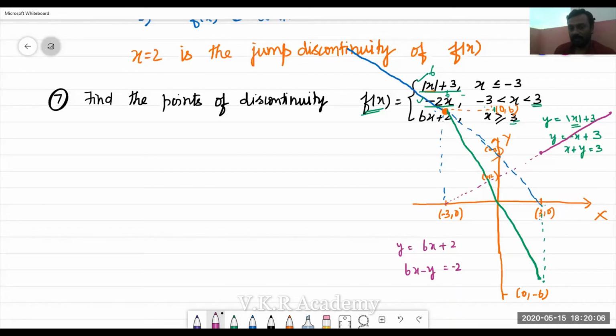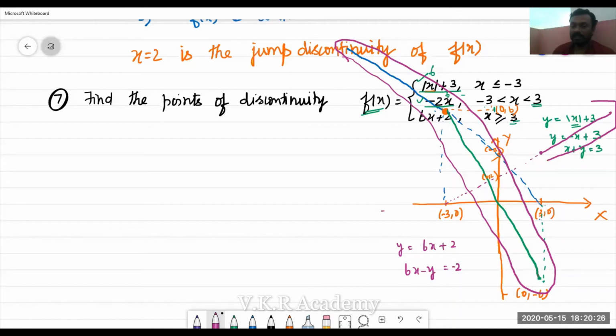So till this point, it is continuous. There is no break. That is for all the points in minus infinity to 3, it is continuous. Similarly, for the values of x greater than 3, there also we get a straight line, it is continuous. So, x is equal to 3 will be the point of discontinuity.